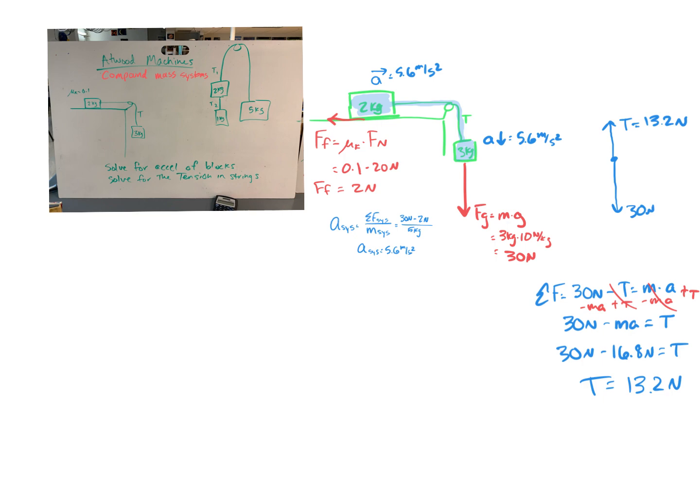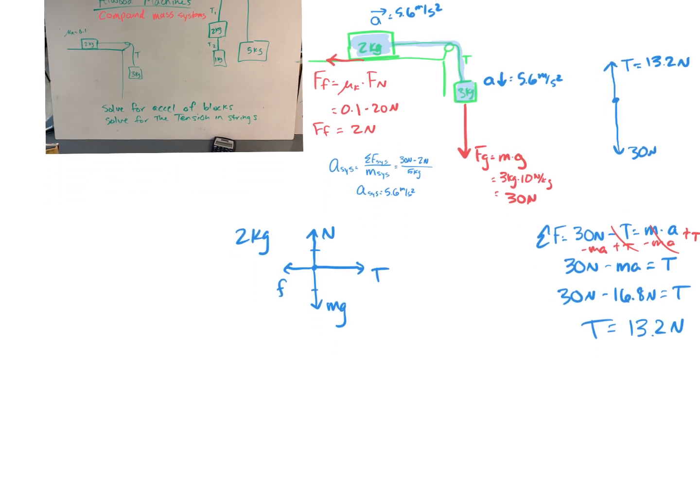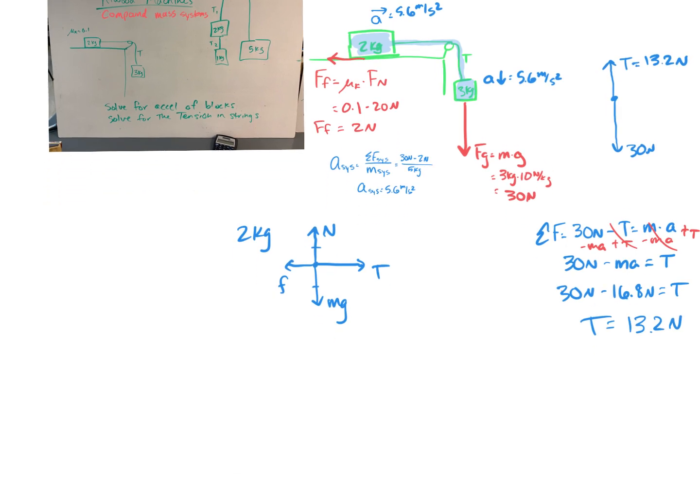If we visualize the 2 kilogram block, it would have forces of tension to the right, friction back. It has a weight and a normal. Normal and weight cancel. There's really nothing interesting there as far as the acceleration is concerned. So I'm more focused on the x direction when I write my net force equations.